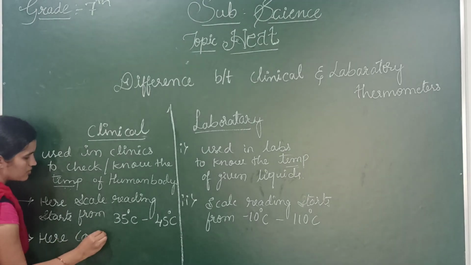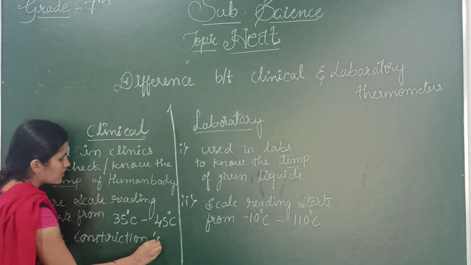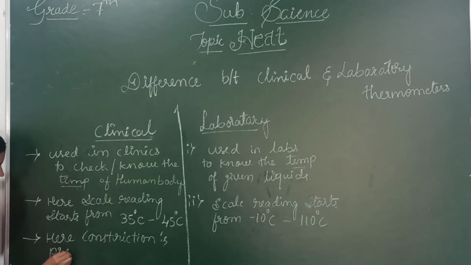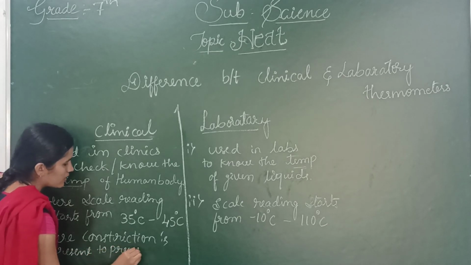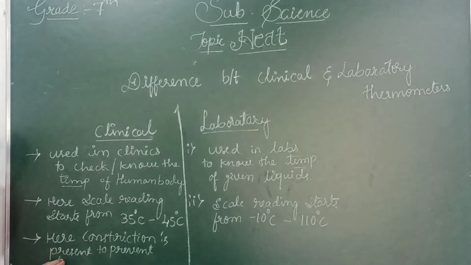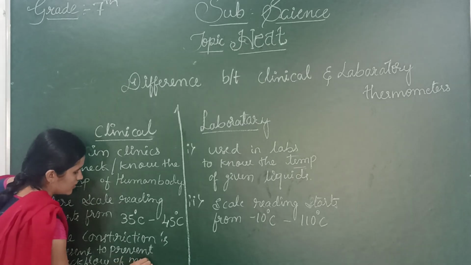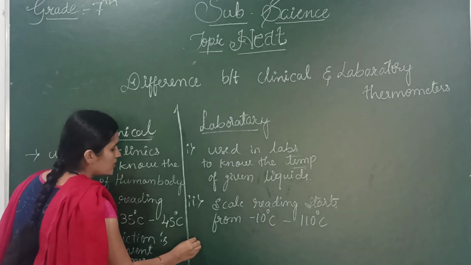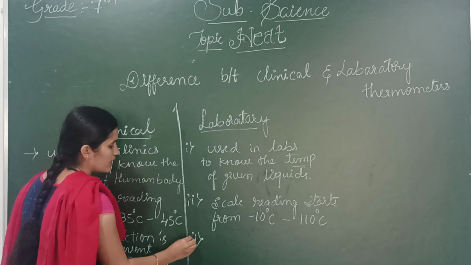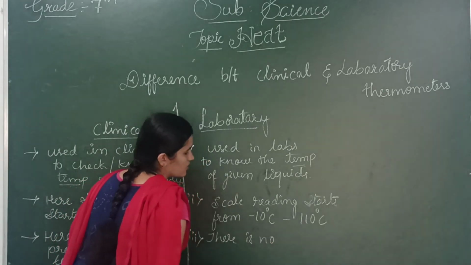Here, a constriction is present to prevent backflow of mercury. Is it? And in the laboratory thermometer there is no constriction.